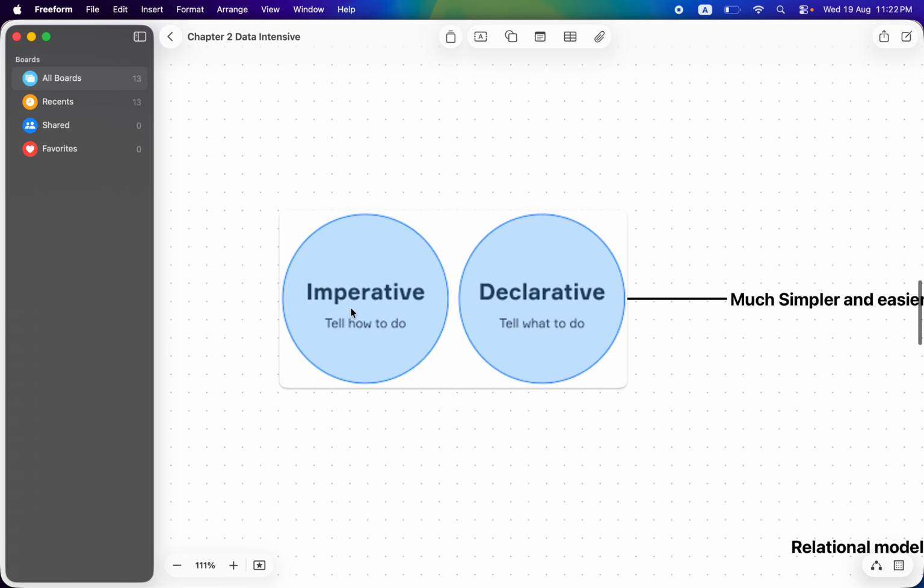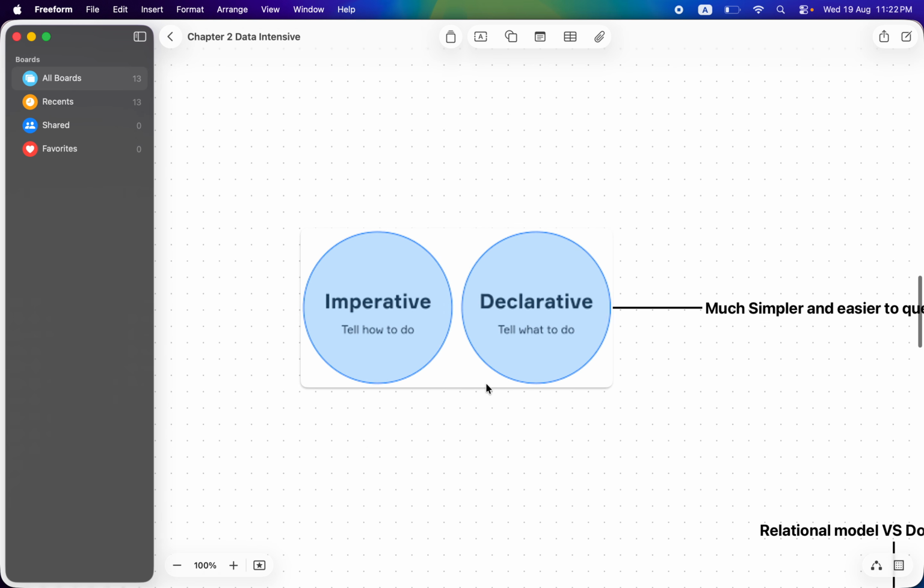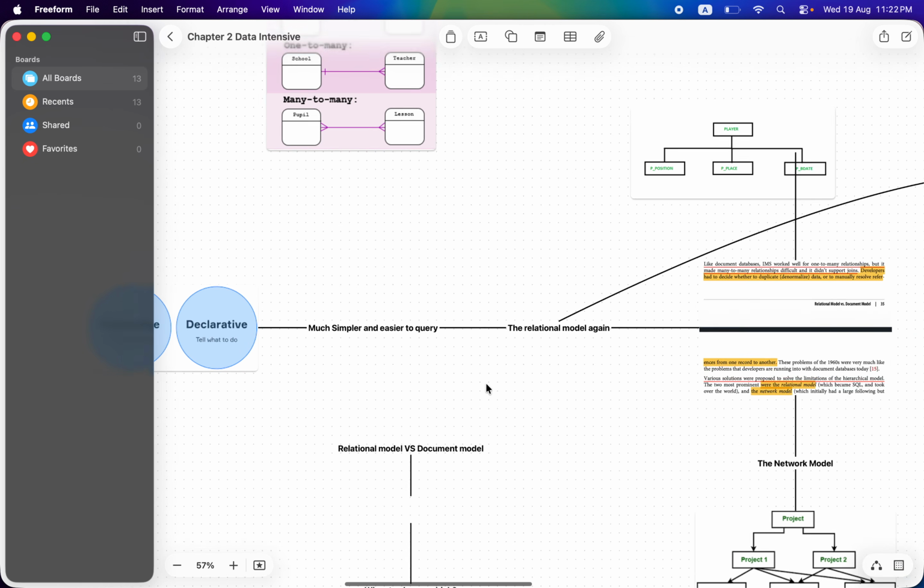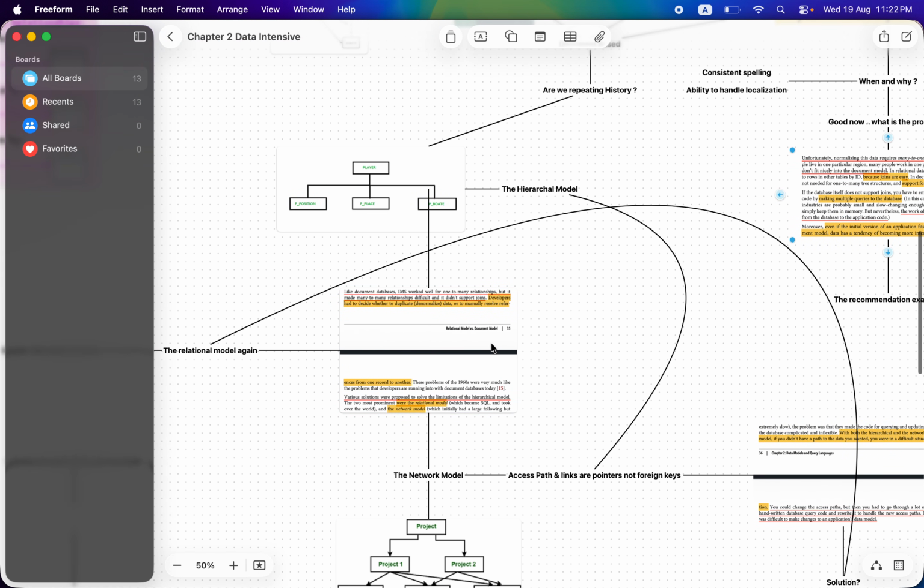Imperative is when we have to describe everything that we want step by step, like for example Java, which is imperative, whereas relational database models, something like MySQL, are declarative. You don't describe step by step. You just tell it what you want it to do. Okay, that being said, back to the hierarchical model.